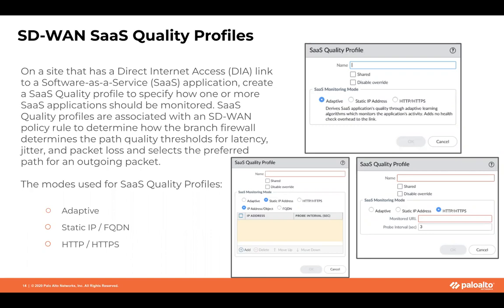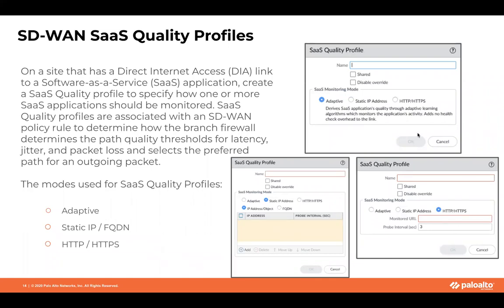SaaS Quality Profiles give us the capability of monitoring past that first hop and monitoring SaaS applications, either via a specific URL or static IP, or by relying on the adaptive mode. I'll touch on all three in just a second.